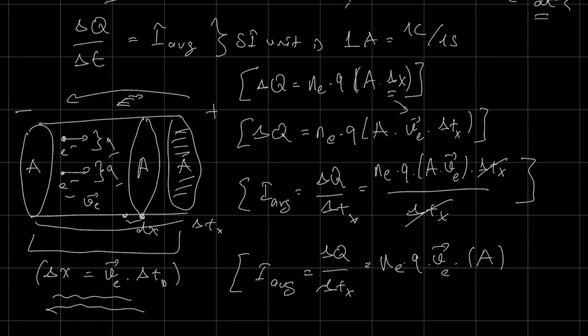This formula shows clearly how current depends on the microscopic properties of the material, the number of electrons, and how fast they move.